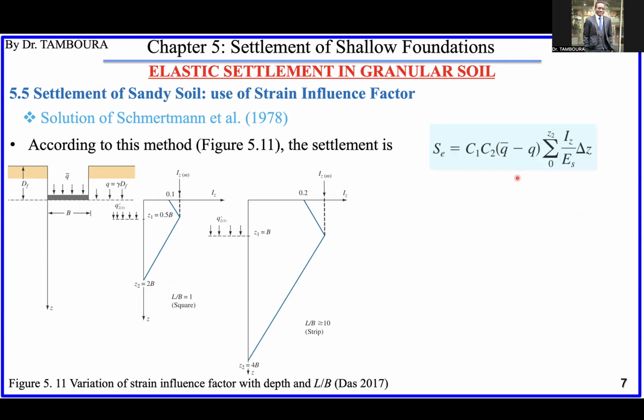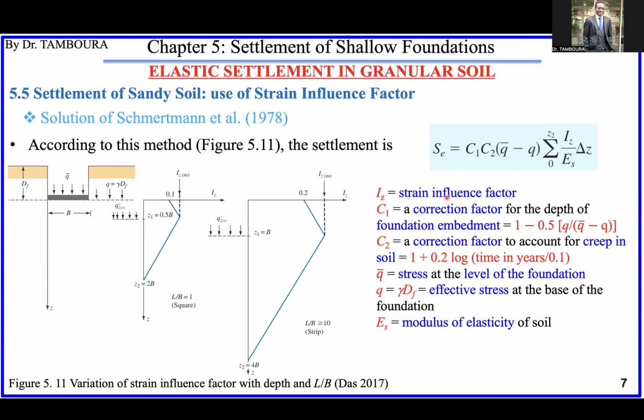So this is the equation, the formula according to this reference, and each of the parameters here is important, of course, but the influence factor is this one, this IZ. And it is showing here how IZ is changing according to the depths.